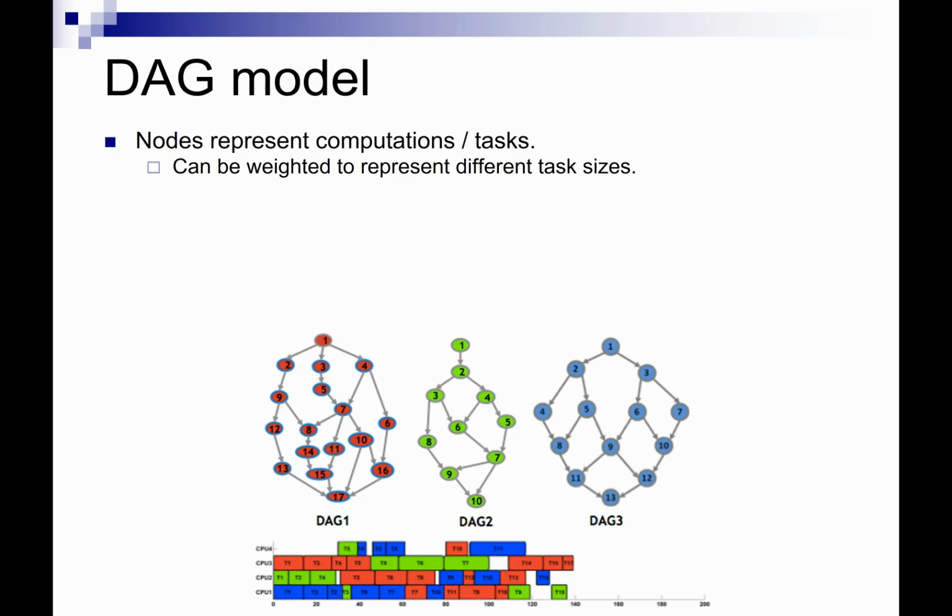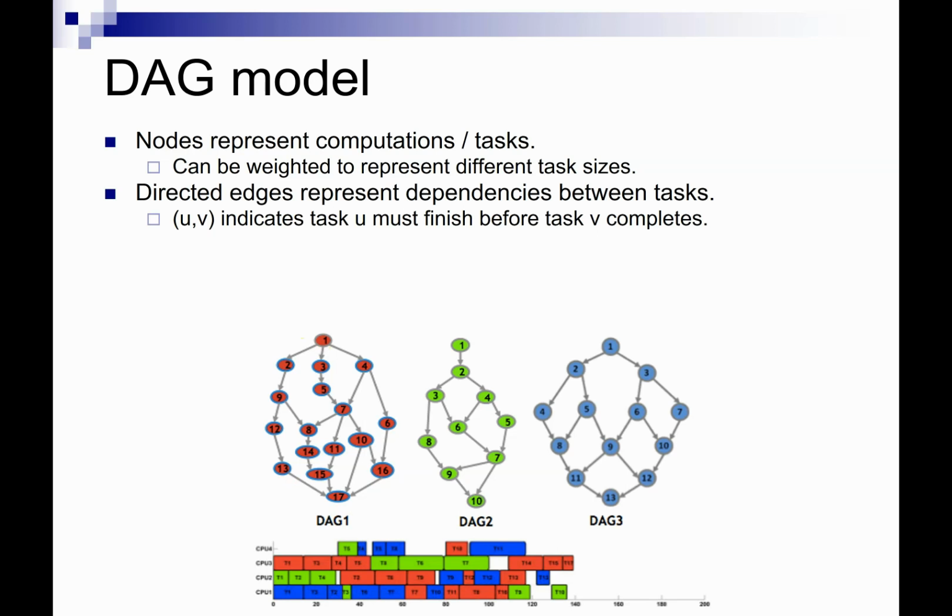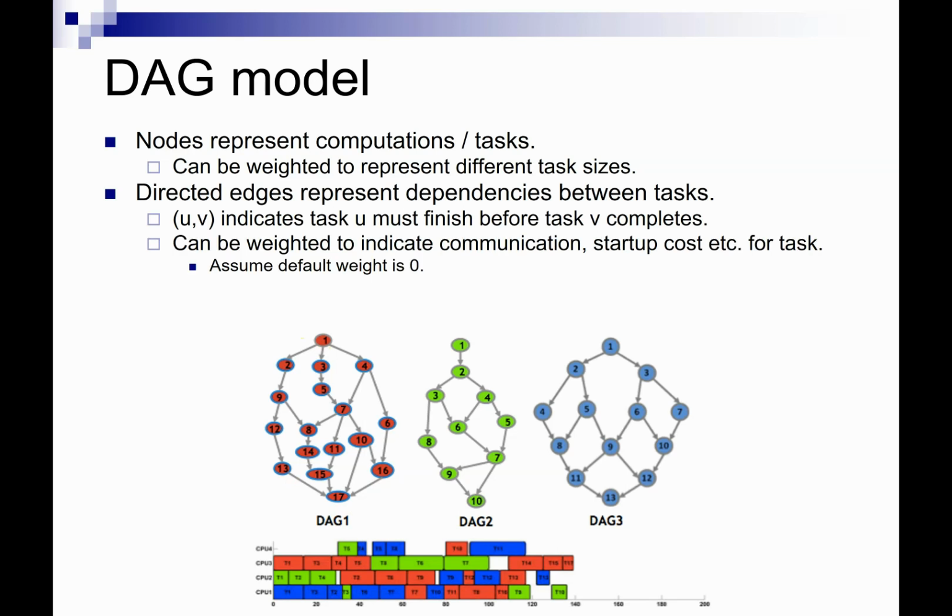Again, we take a big computation and break it up into a bunch of small tasks, and then we put in edges to represent the precedence relation between the tasks. Furthermore, we can have weights on the nodes, and we can also have weights on the edges.